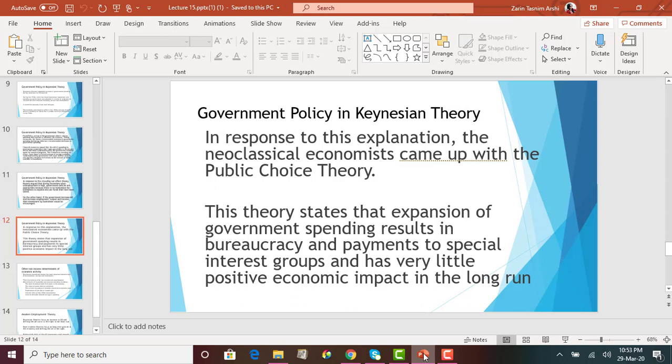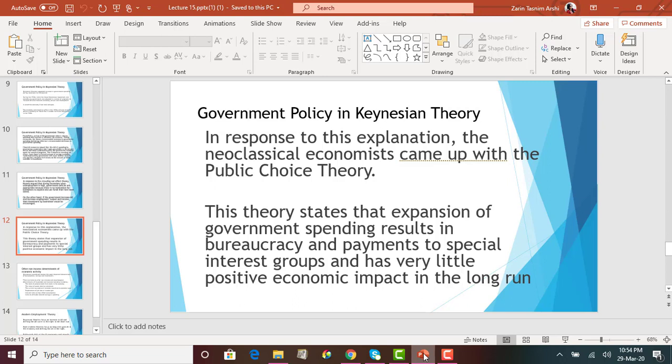What these new classical economists are saying in response to the Keynesians is that when government is expanding its expenditure, this results in bureaucracy and payments to special interest groups. So there is a lot of inefficiency, and it only goes to special interest groups, maybe to the elite or the rich, and it ultimately creates very little positive economic impact in the long run.